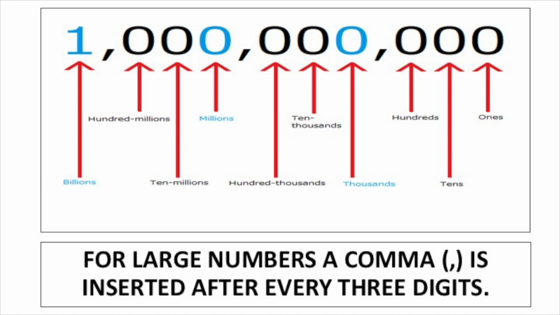How many zeros can you see? 9. There are 9 zeros here. And the 10th digit is billion. Yes. If we have 10 digits, we go from the 100 millions to the billions.